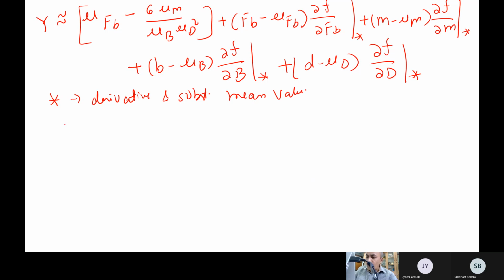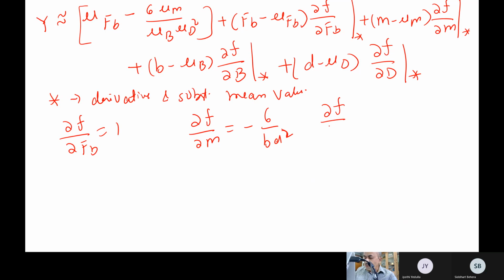You have to calculate all those derivatives. So dou F by dou FB is 1. And dou F by dou M is minus 6 by B D square, evaluated at the mean value, so minus 6 by mu B mu D square.